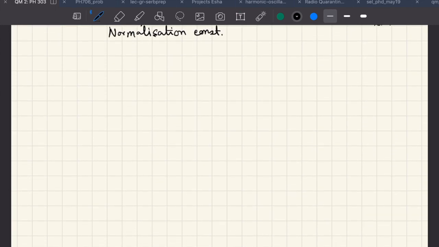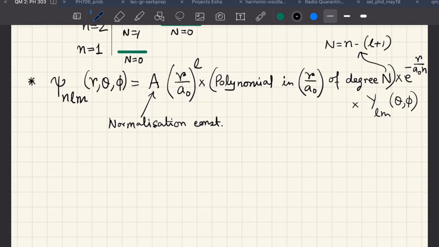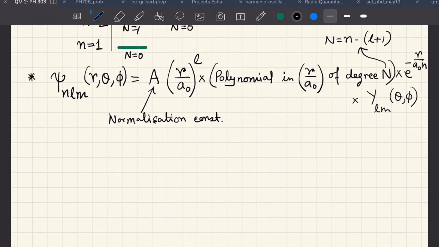So now look carefully at this expression. The value of n you can actually read off from the exponential factor here. Suppose I give you the general eigenfunction of this form. By looking at the expression, you can figure out which values of n, l, m these eigenfunctions are representing.